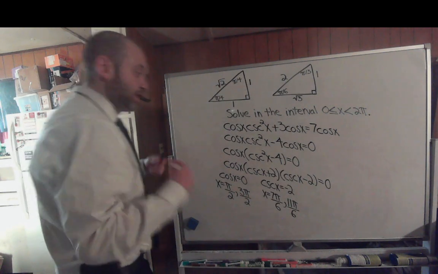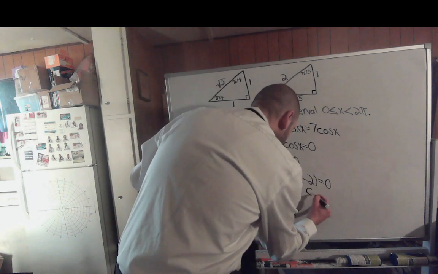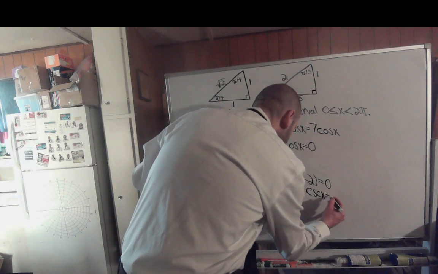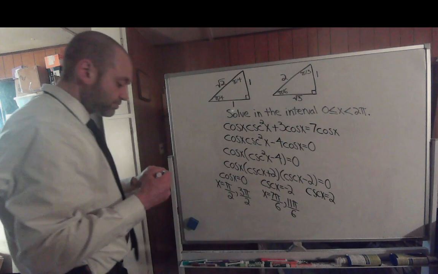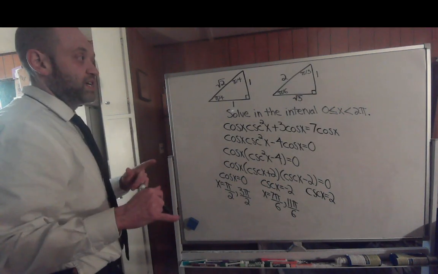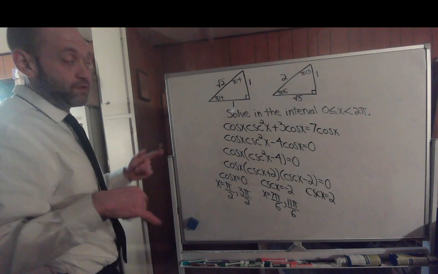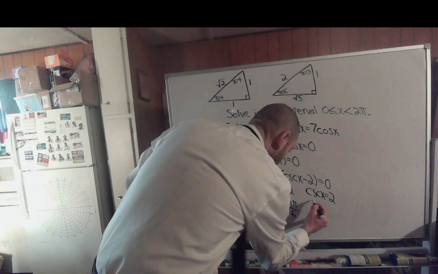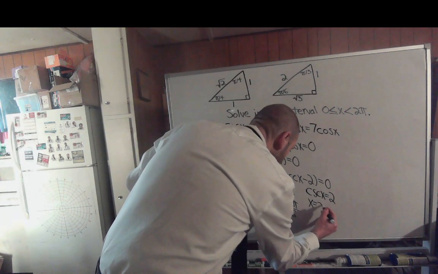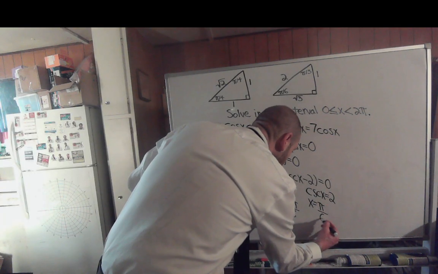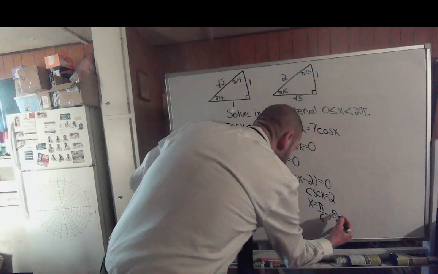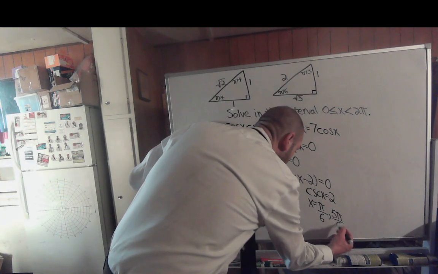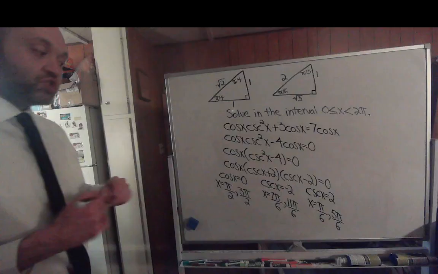And then, of course, let's take the cosecant of x minus 2 equals 0. Well, that would give you the cosecant of x equals 2. Where does the cosecant of x equal positive 2? In the first and second quadrant, so you would get x equals pi over 6, and then again at 5 pi over 6. It would look like we have 6 solutions, but do we really?